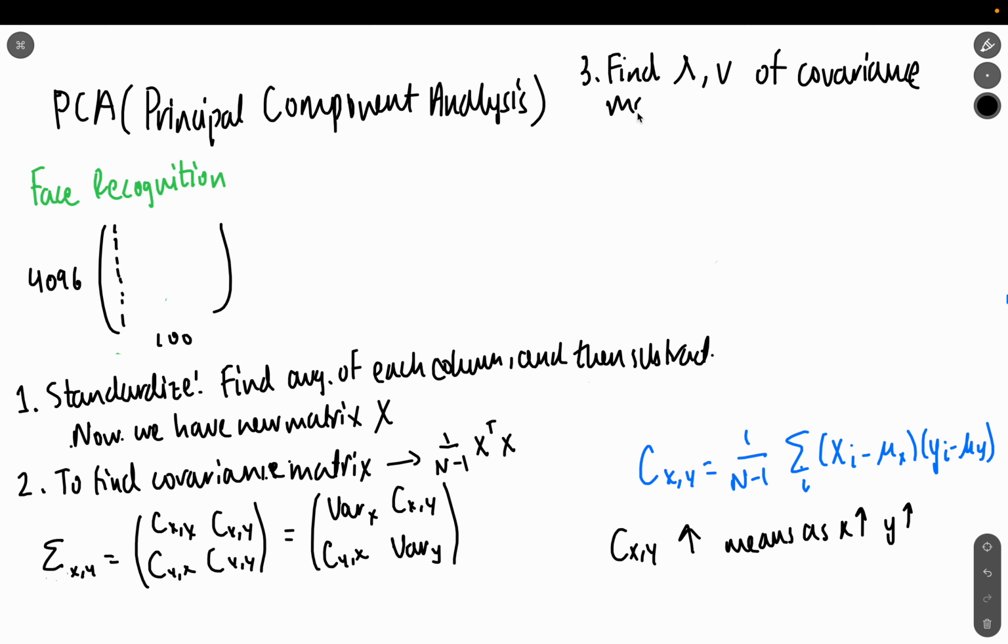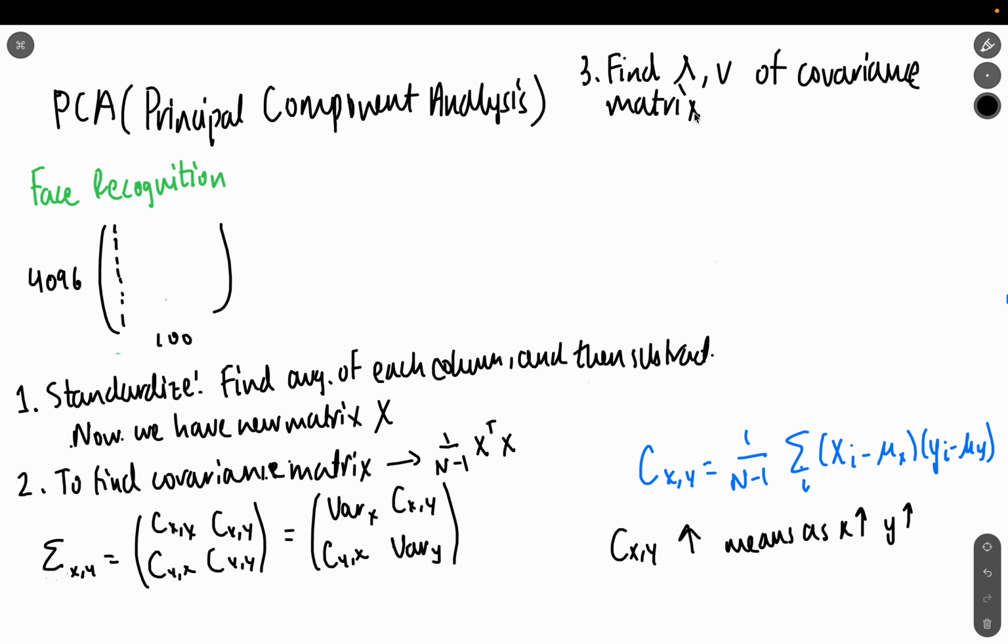Okay, why do we do this? The covariance matrix represents the variance across your image of different variables with different variables, correct? Now, we want to find the eigenvectors and eigenvalues of it because that will tell us the directions of maximal variance, right? And that's what we care about when we're looking to do something like facial recognition.